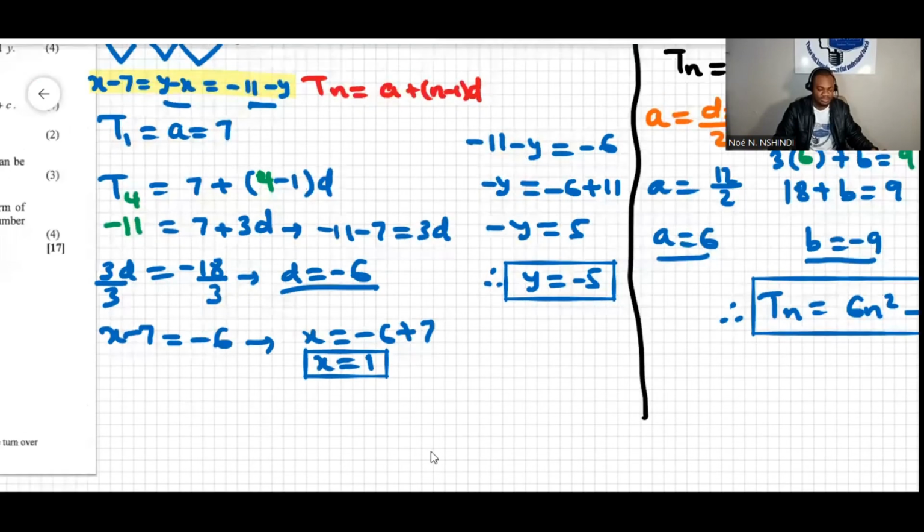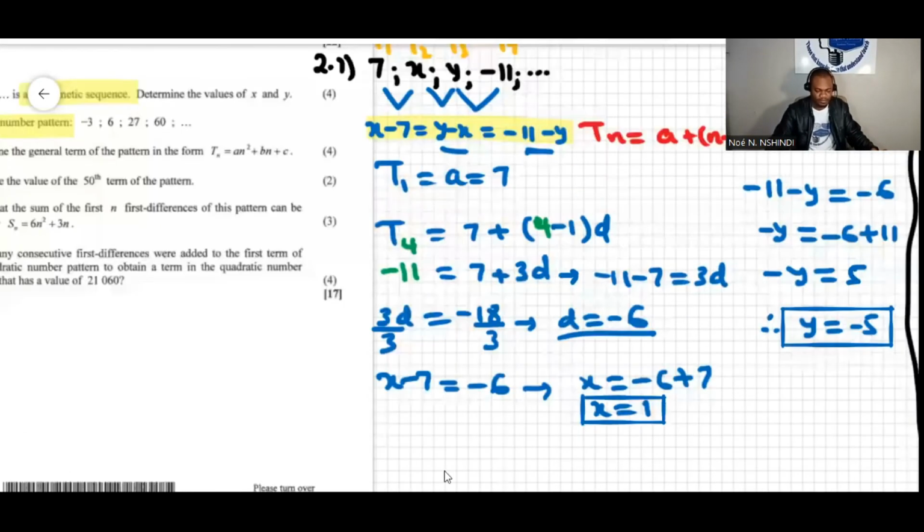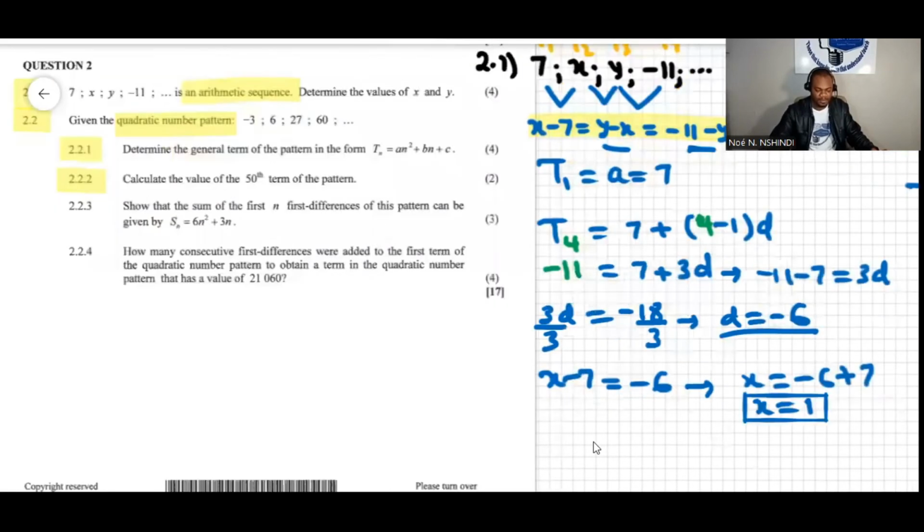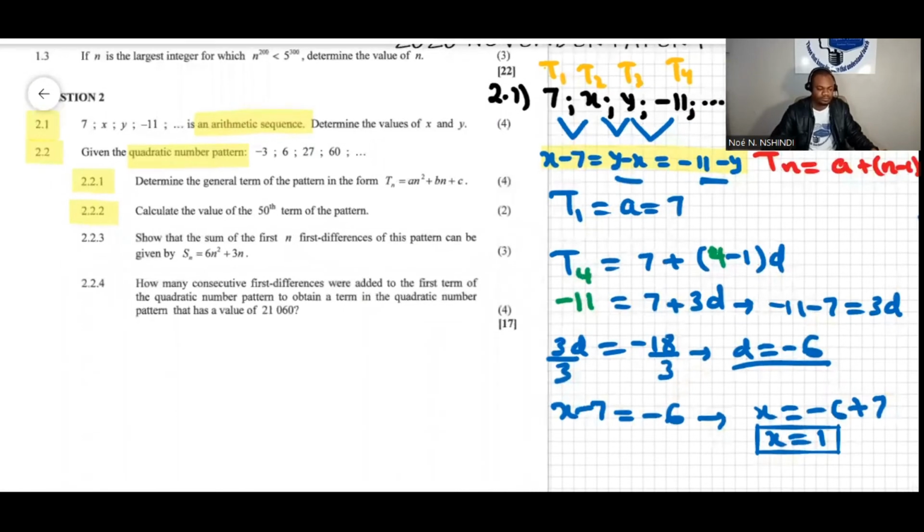The question says, show that the sum of the first n differences of this pattern can be given by Sn equal to 6n squared plus 3n.